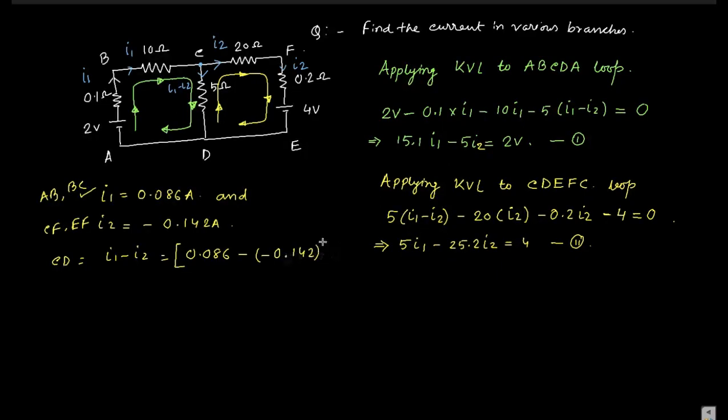Whatever the current is, that is the final answer. The minus becomes plus, so 6 plus 2 is 8, 8 plus 4 is 12. So 0.228 ampere is the current across the CD. This is your final answer.